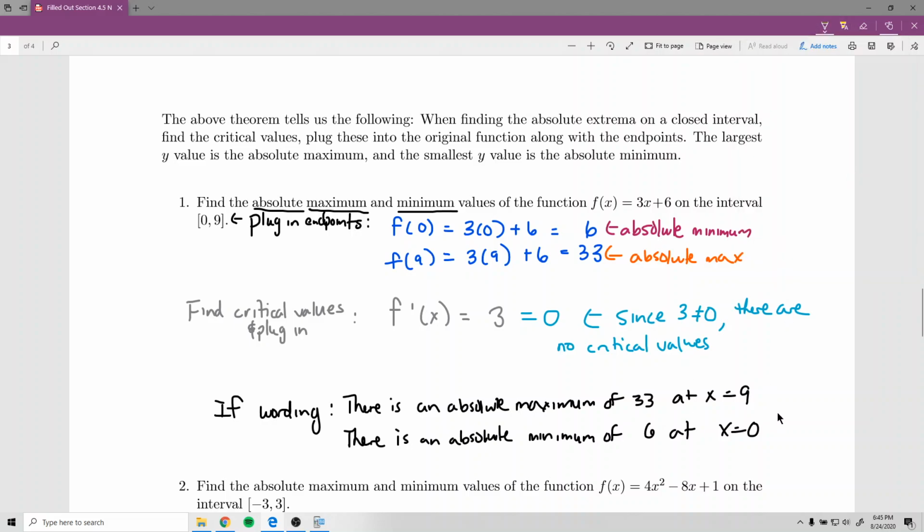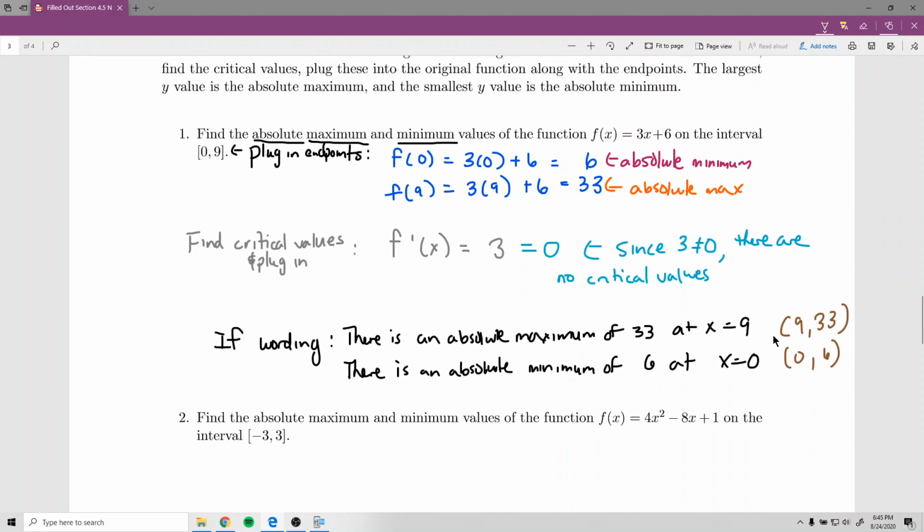Or if they ask for ordered pairs, we would have (9, 33) and (0, 6). But this one is a good example to see because not every function, like we've seen before, has critical numbers.